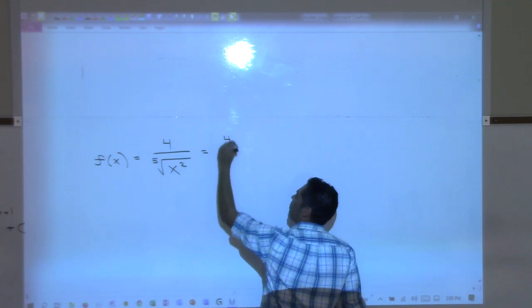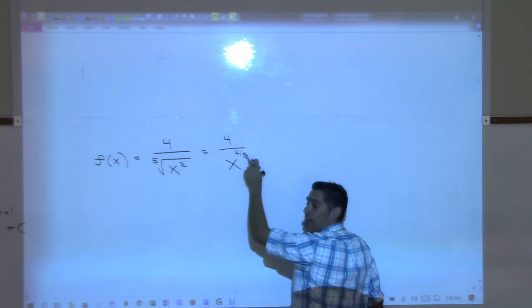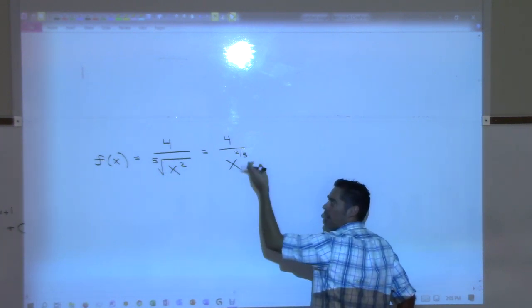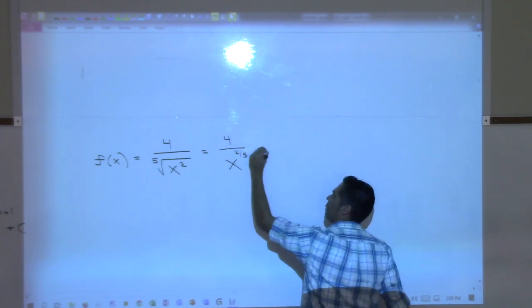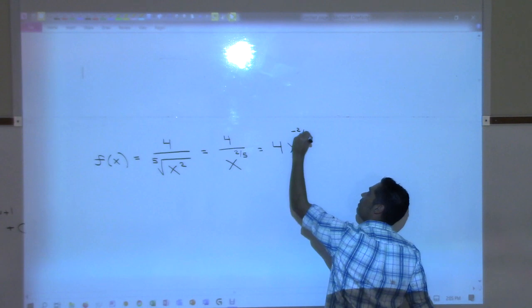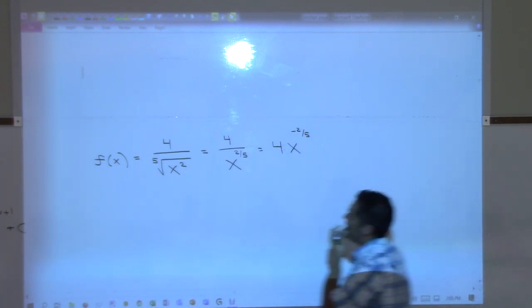Okay, so how about I rewrite it first like this? That's called rational exponents. So we convert the radical over to rational exponents, and now we bring it up. Right. Okay, I think that's what you're saying, yes? And when I bring it up, it's going to be negative 2/5. And now we can use the rule, right? Okay, so let's do that.